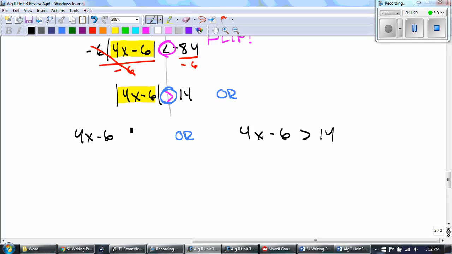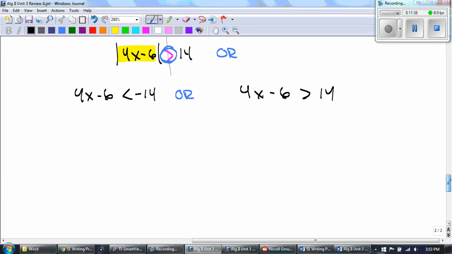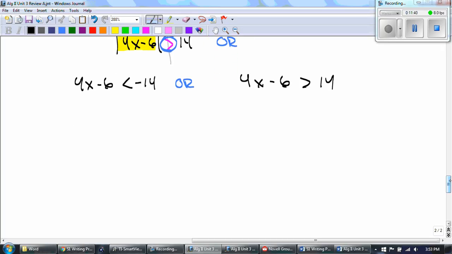Now it's our other one that we have to switch, because when it's greater, that's when there's the break in between. So I need the inequalities to be pointing in different directions, and then I set it to a -14. And this is what we solve.